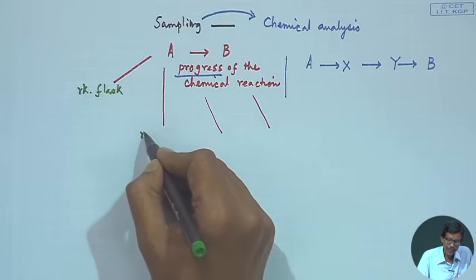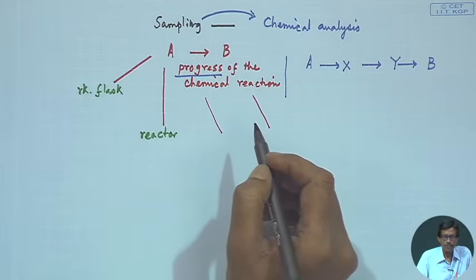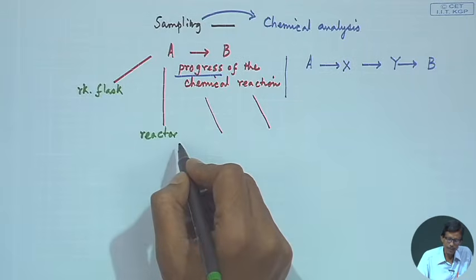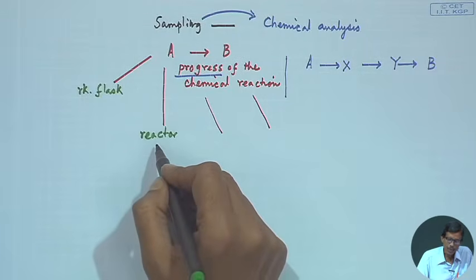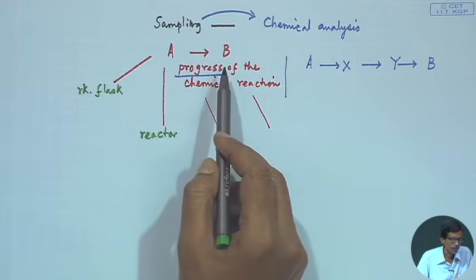Then there may be a reactor in the industry, or in a process plant in that particular industry. The reactor is also responsible for chemical conversion of A to B.